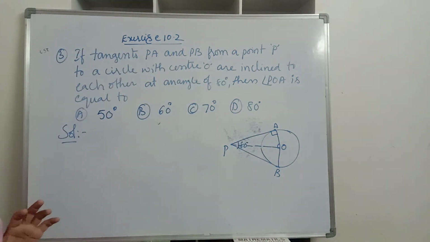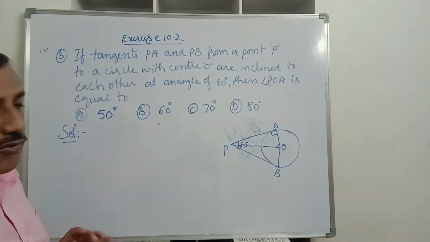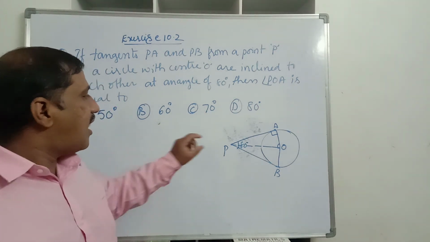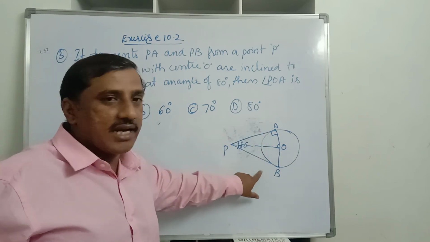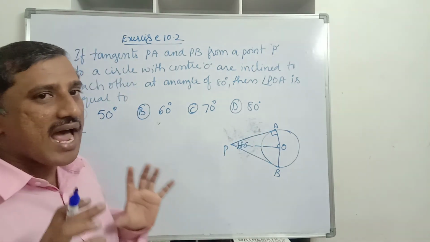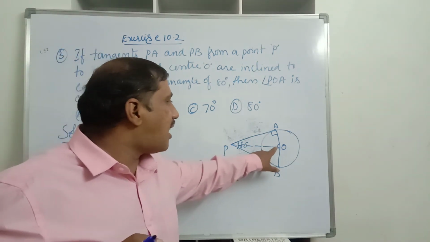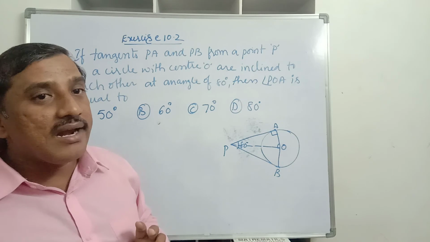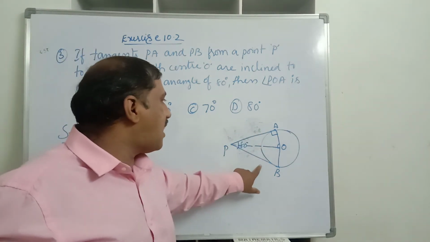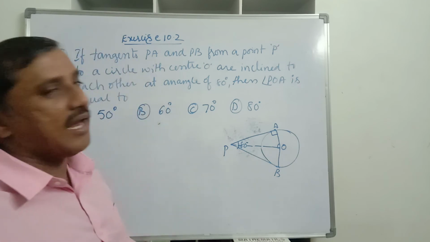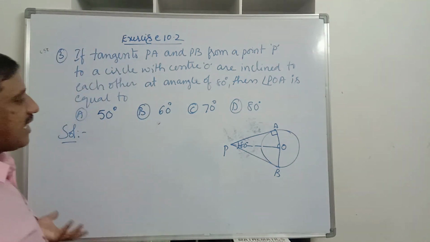As we discussed in theorem 10.2, its remarks: angle APB, the angle made by the two tangents at the external point, and the angle formed at the center, angle AOB, are supplementary angles, equal to 180 degrees.